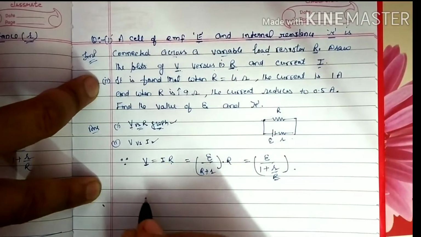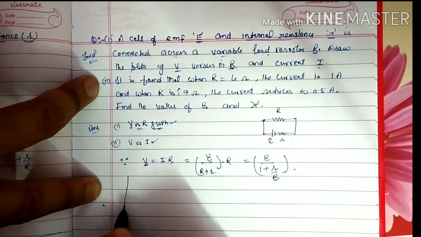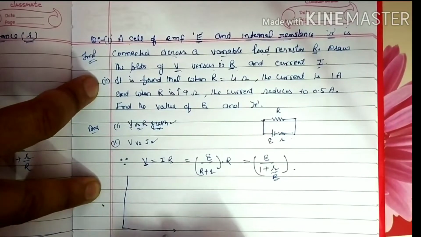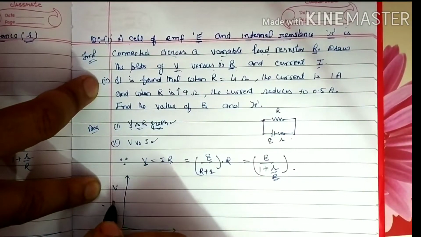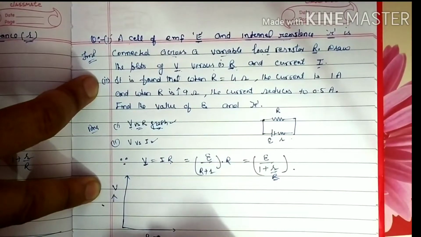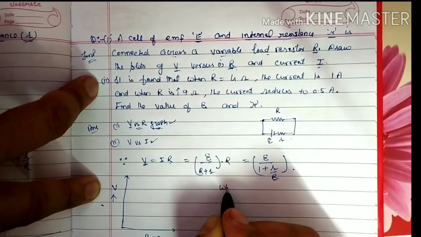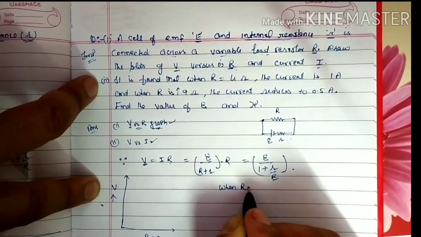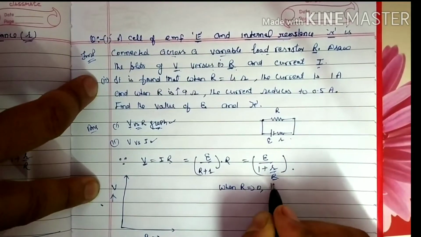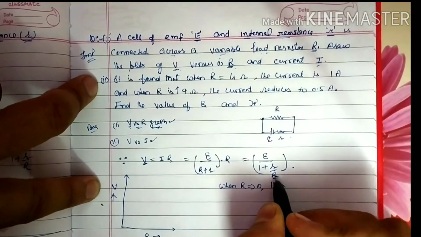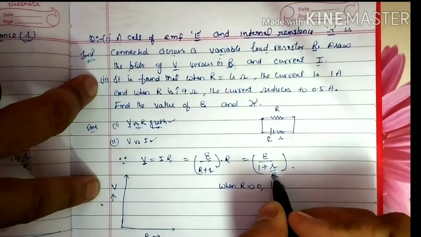So we will plot the graph V versus R. When R is equal to 0, then r over R is 1 upon 0, which is infinite, and 1 upon infinity is equal to 0. So V is also equal to 0.